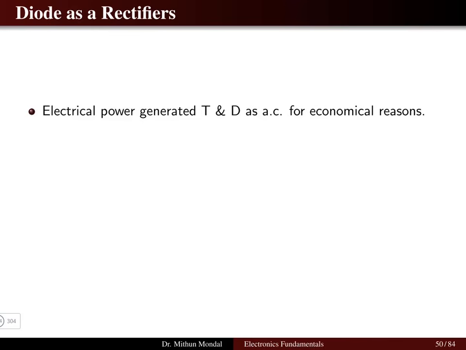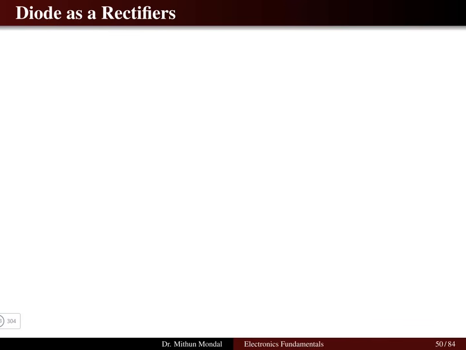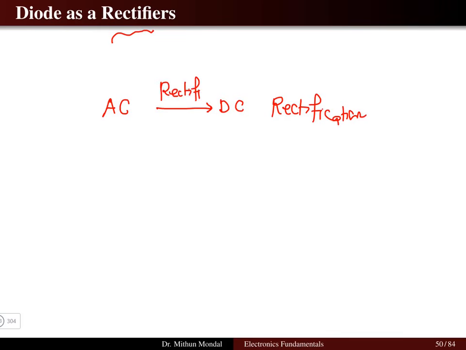Now, how does the diode operate as a rectifier? If AC voltage is converted to DC voltage, this is known as rectification, and the device used for converting AC to DC is known as a rectifier.